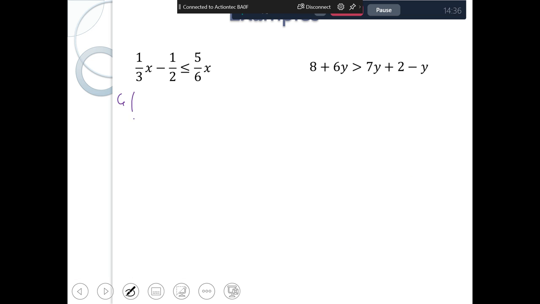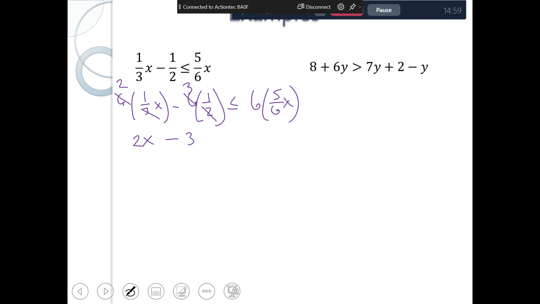So that means that's going to be 6 times 1/3 x minus 6 times 1/2, 6 times 5 over 6x. Everything. So my 6 and my 3 reduces to a 2, so this becomes 2 times 1x, which is 2x. My 6 and my 1/2 reduce to a 3, and my 6's cancel out, leaving me with 5x.